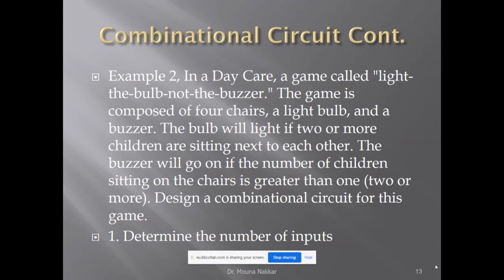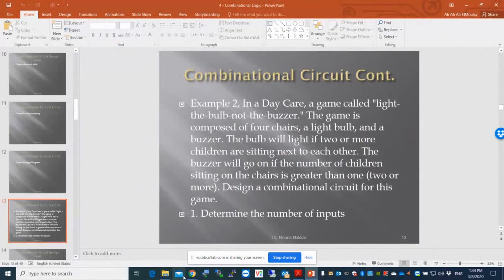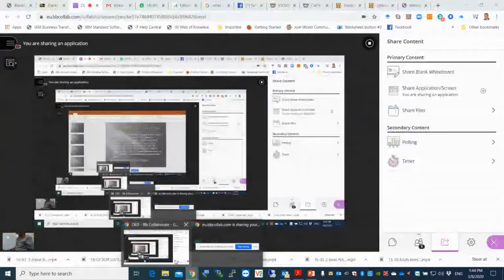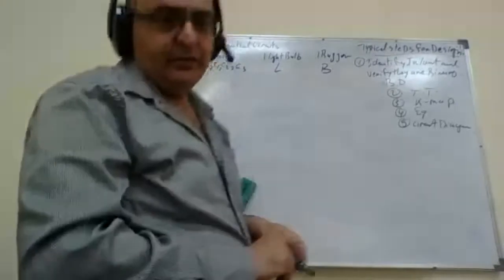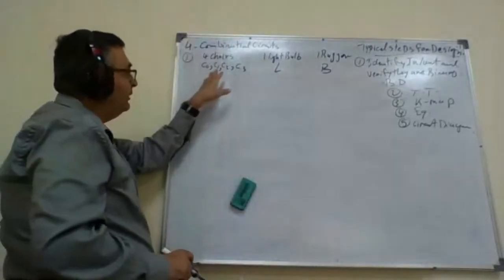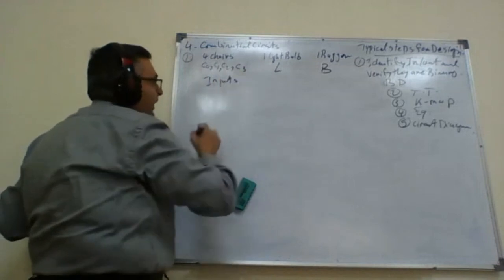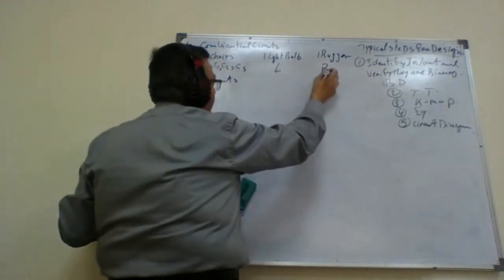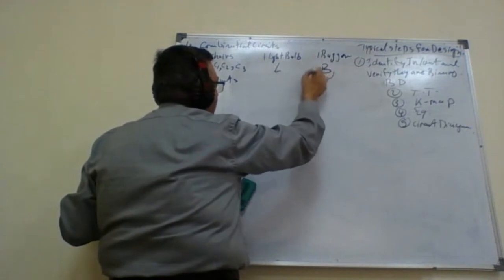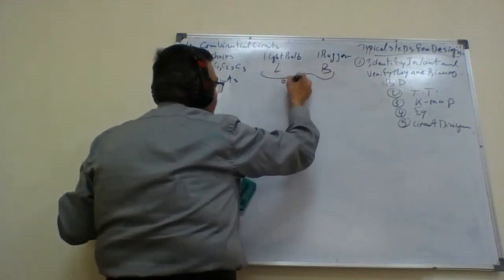So that means which of those parameters are my inputs and which of them are the outputs? Definitely, the light bulb is getting affected by the chairs, and the buzzer is getting affected by the chairs. So accordingly, I can easily recognize that the chairs are inputs and the light bulb and the buzzer are outputs.